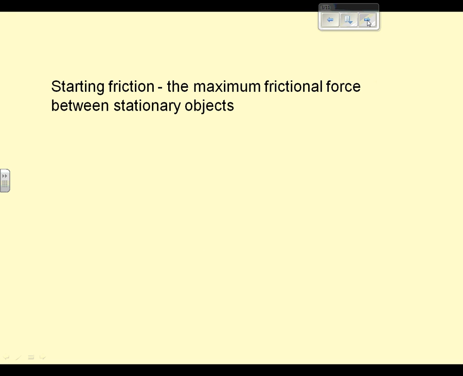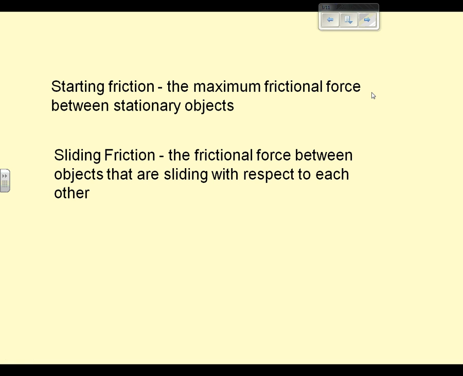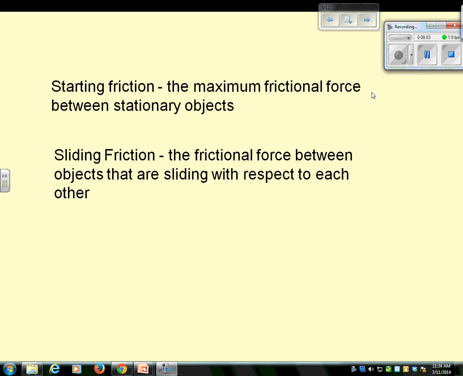Okay, starting friction is the maximum frictional force between stationary objects. Friction is always at its maximum at the start when you try to move something. The other one is simply called sliding friction. It's the frictional force between objects that are sliding with respect to each other. Now, rolling friction is actually quite complex.